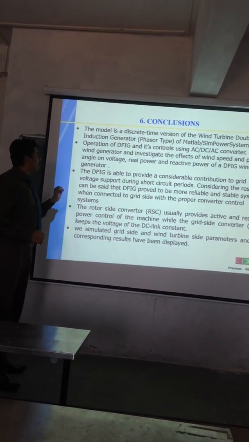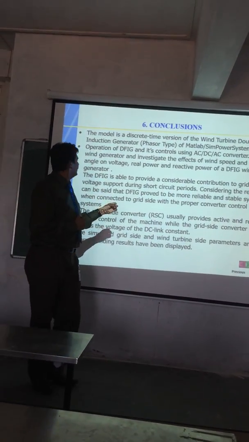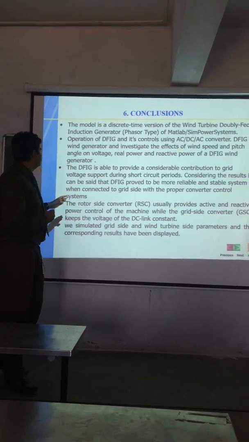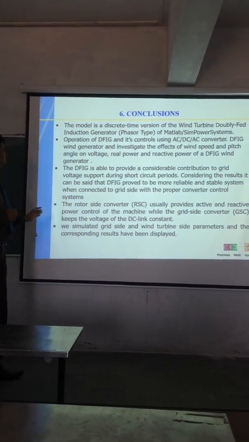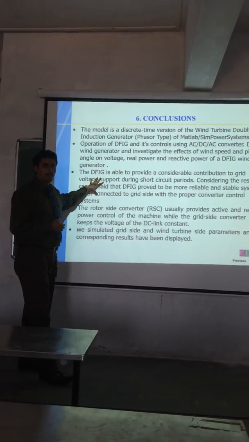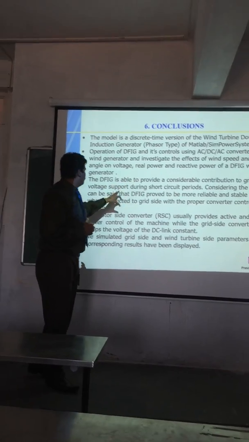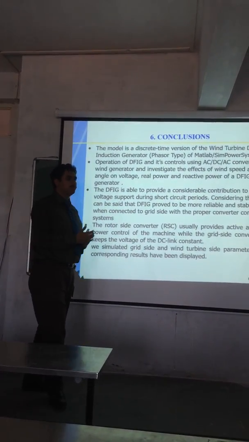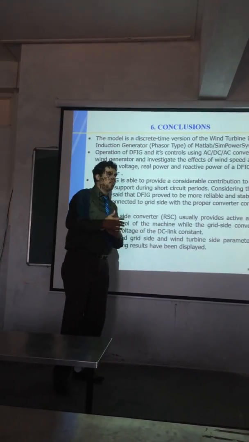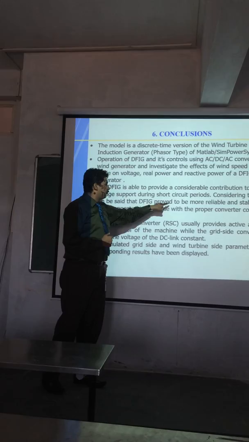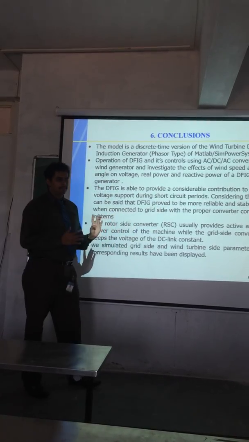The DFIG wind generator was investigated, and the effects of wind speed and pitch angle on voltage, real power, and reactive power can be studied in this system. The DFIG is able to provide considerable contribution to grid voltage support during short circuits, and not just short circuits, open circuits as well. Considering the result, the DFIG proved to be more reliable and stable.